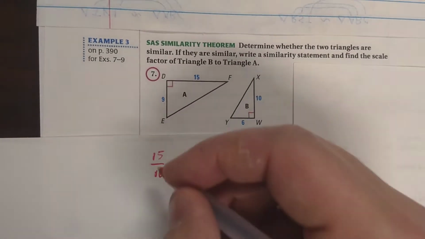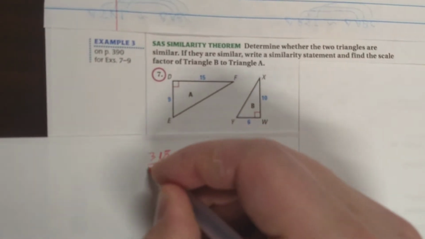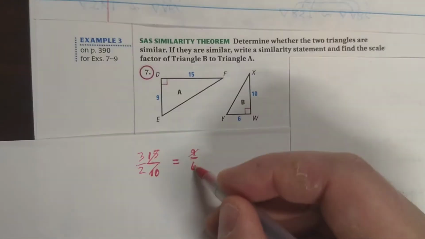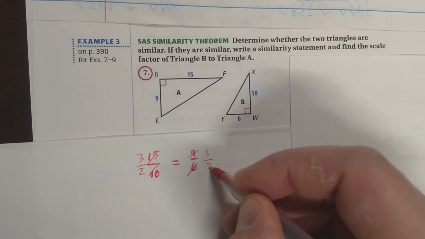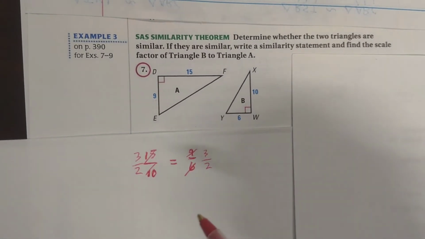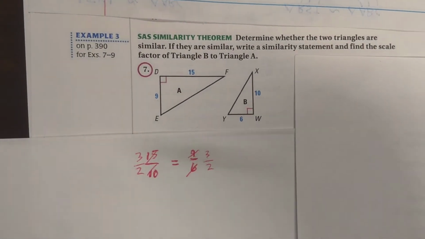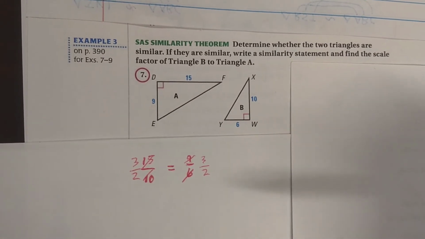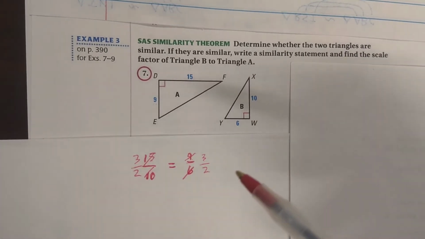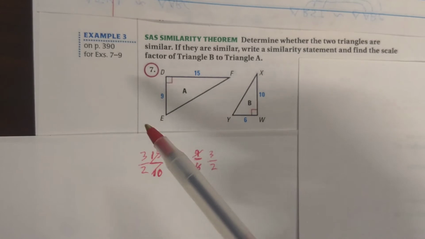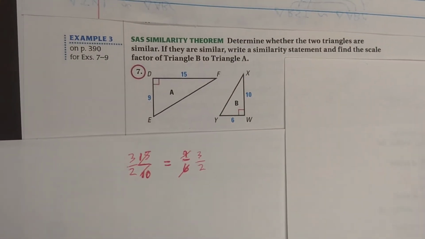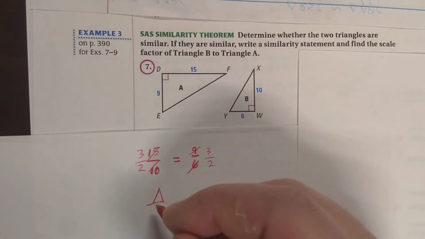Well, 15/10 is the same as 3/2, and 9/6 is the same as 3/2. So we do have sides that are the same ratio, they're proportionate, and they're coming off of an angle. So we can say by the side angle side similarity theorem that these triangles are indeed similar.